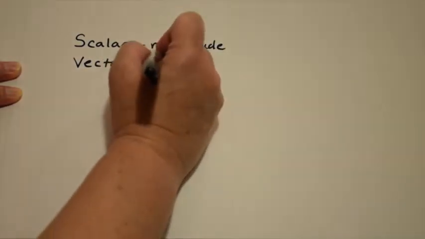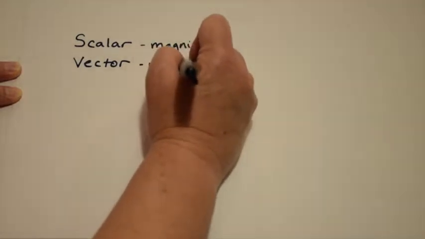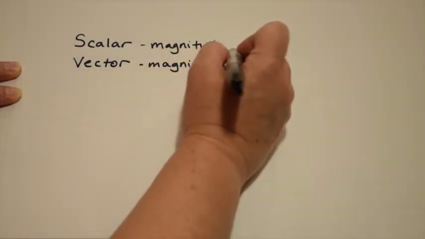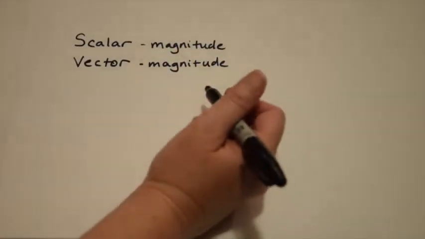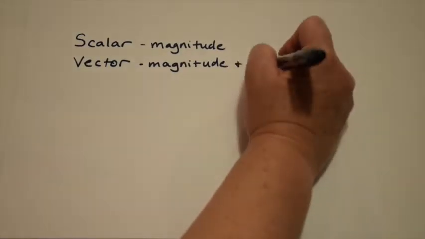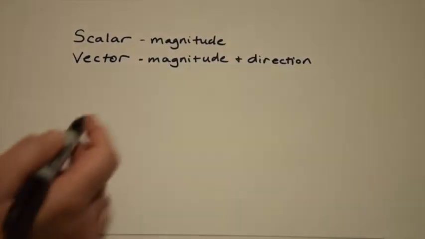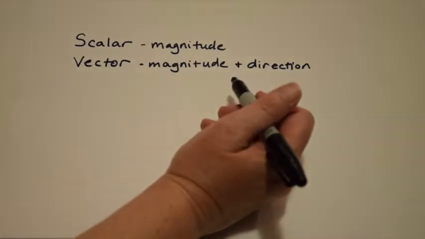Scalar and vector, you take a measurement, you need to know the magnitude. It's just how big something is. The second part of the vector, though, it must have a direction as well. So the vector has to have magnitude and direction, while the scalar only has magnitude.